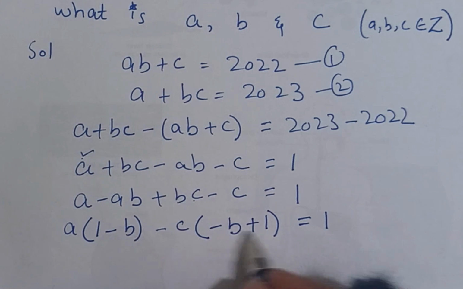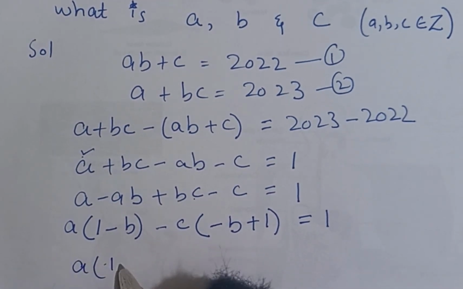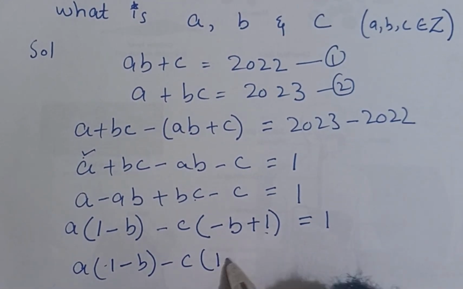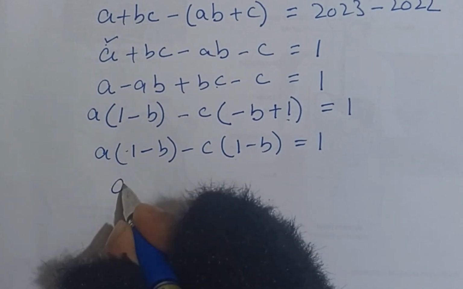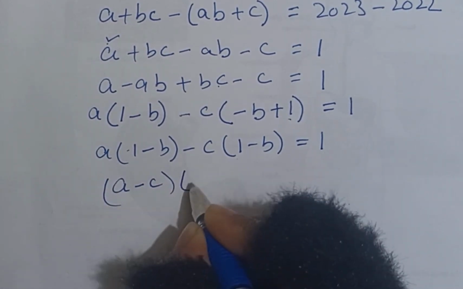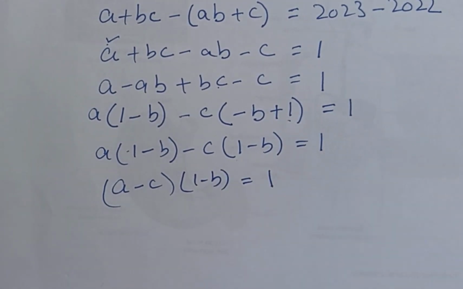Now in the next step we rearrange this, then we get A minus C, and we can write this as A minus C multiplied by 1 minus B is equal to 1.